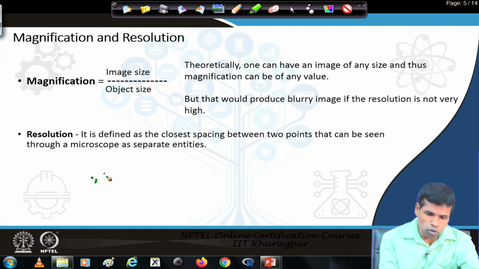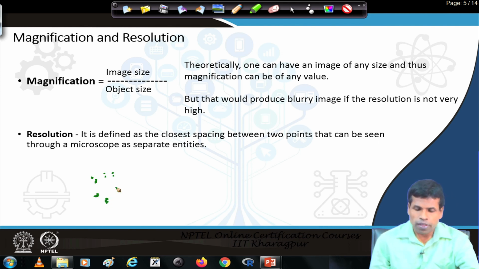Let us say I have another 2 points which are much closer than this, then my resolution is even better. If these two spots are far away, then resolution is worse. So, resolution, this value, the spacing between two points or objects, should be as small as possible. If the value is small, that means we have better resolution or higher resolution.